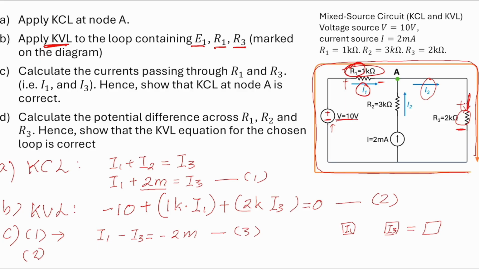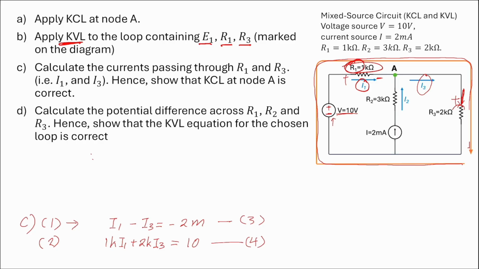From 2, we can rearrange this to become 1K I1 plus 2K I3, and this is equal to 10. So this is equation 4. Now we can see equations 3 and 4. We have 2 equations, 2 unknowns, I1 and I3.